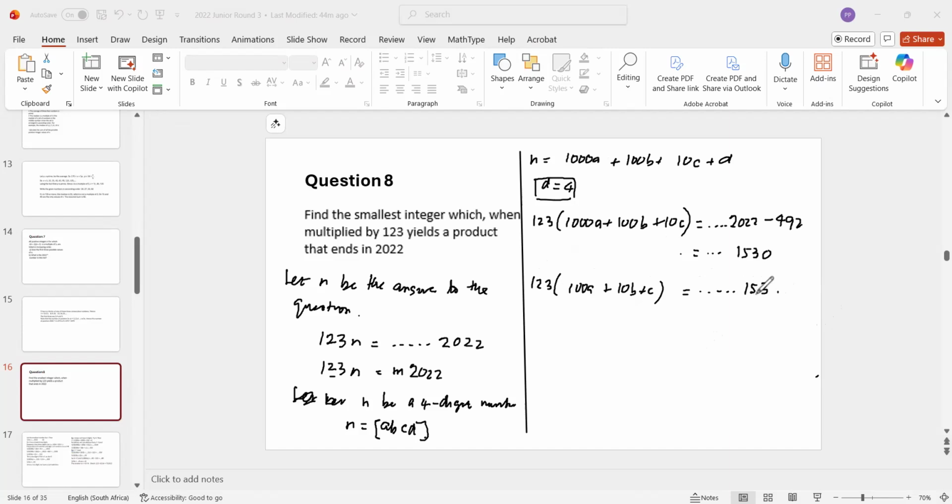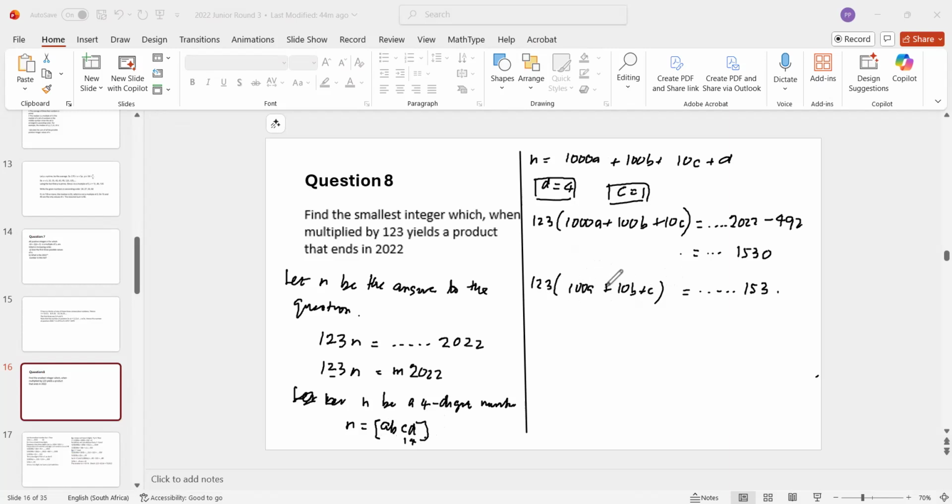So 123 times C ends in 153. So we can say that C is equal to 1. So the last two digits are 1, 4. Right? Just to keep track of what we are doing. N is a 4-digit number. Its last two digits are 14. Okay, C is equal to 1.